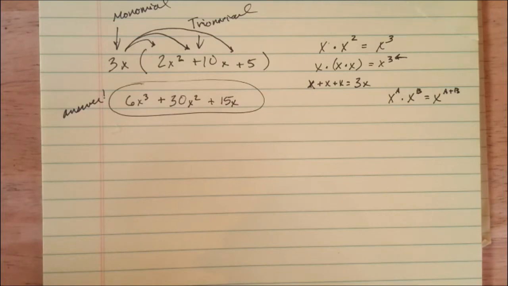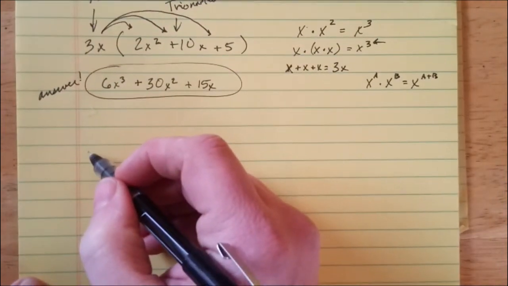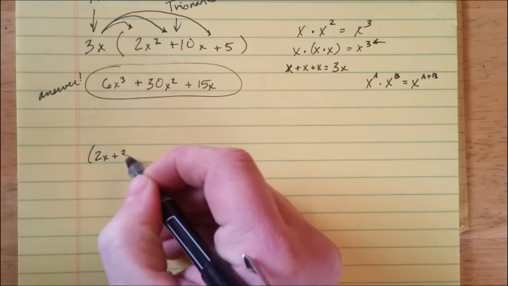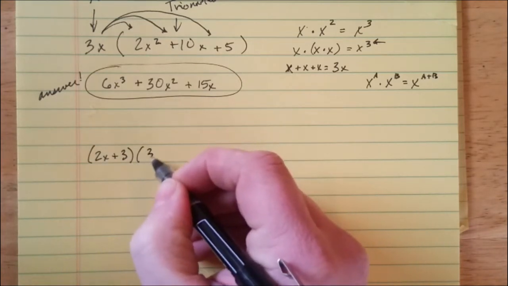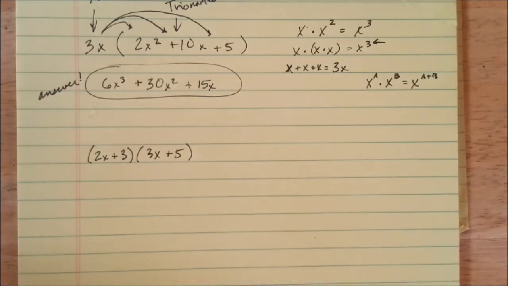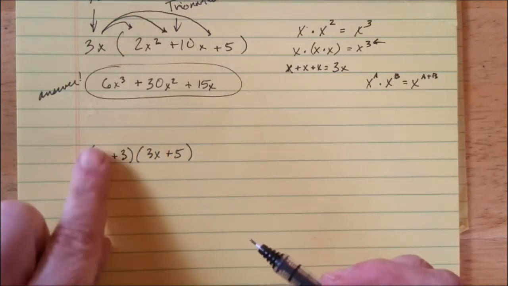And finally, let's look at an example of a binomial times a binomial. 2x plus 3 times 3x plus 5. Well, I could show you a variety of methods here, but let's make something quite clear.